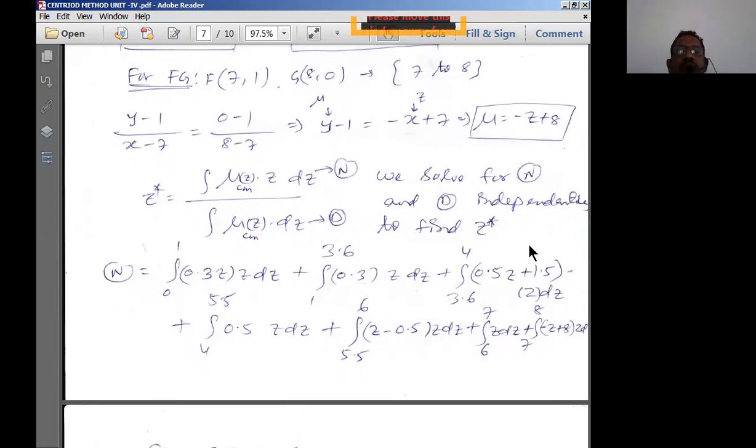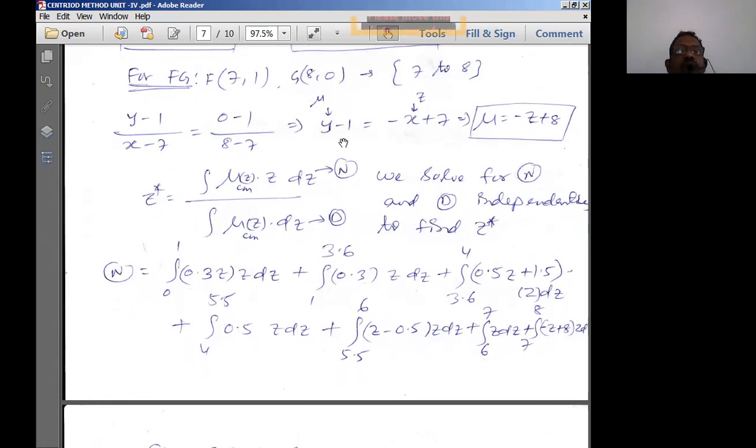This value I can represent as y minus 1 is equal to 0 minus 1, which is minus 1, over 8 minus 7, which is 1, so it is minus 1. So this is going to be minus x plus 7.